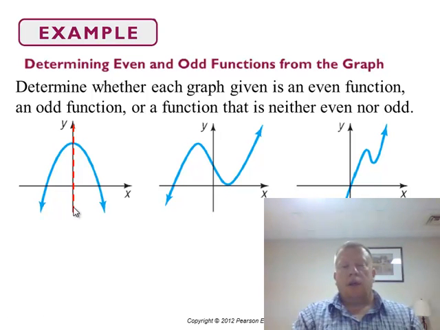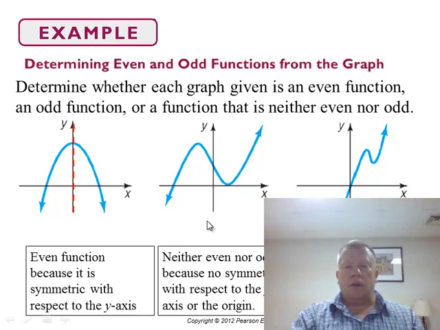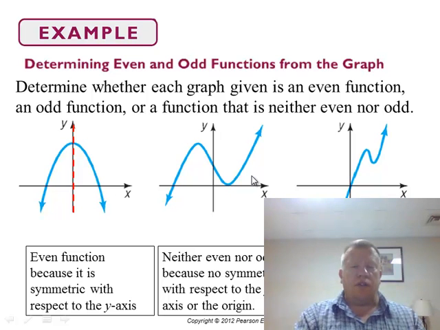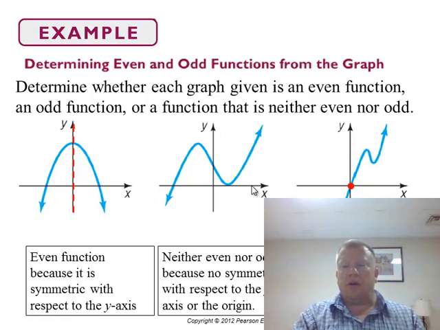Now, this graph here in the middle is not symmetric with respect to the x-axis, the y-axis, or the origin. There's no symmetry, so that means that this graph could not possibly be the graph of an odd or even function. Now, this third graph over here on the right has symmetry with respect to the origin.